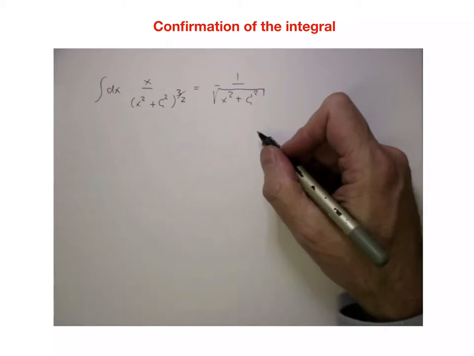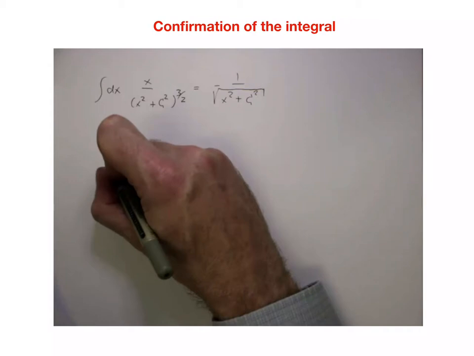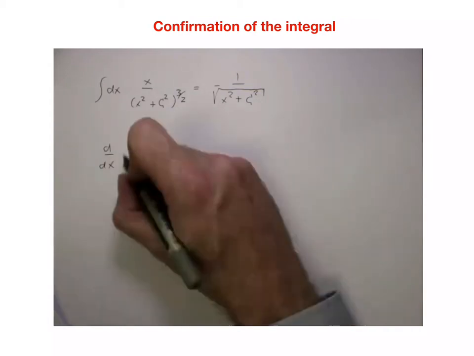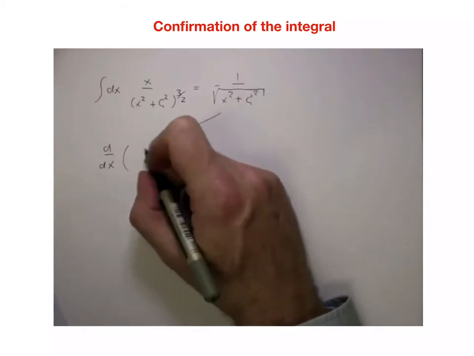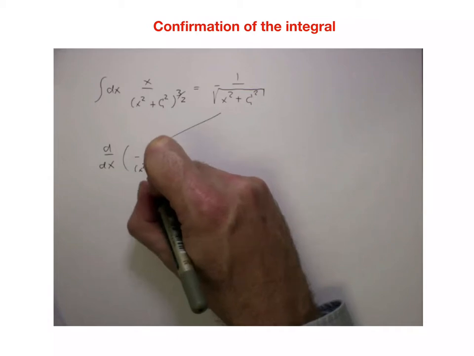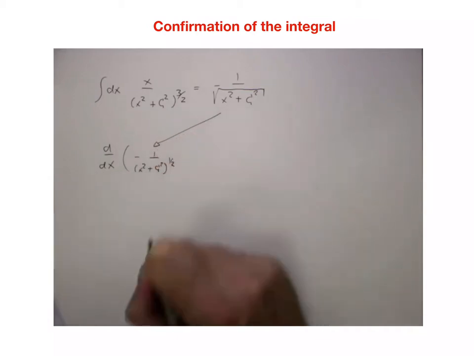This can be verified. What we need to do is go the other way, differentiate. So we go d with respect to dx of this second term here. So that is minus 1 divided by x squared plus c squared to the power of 1/2.